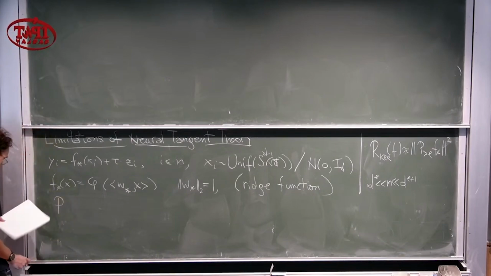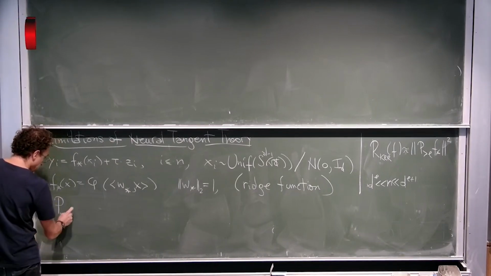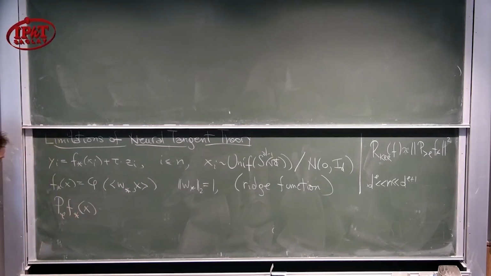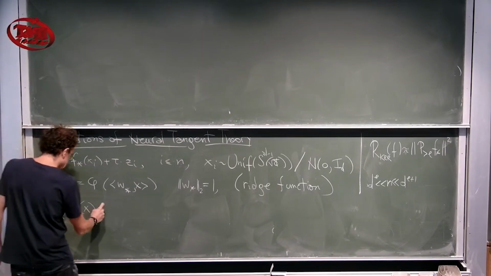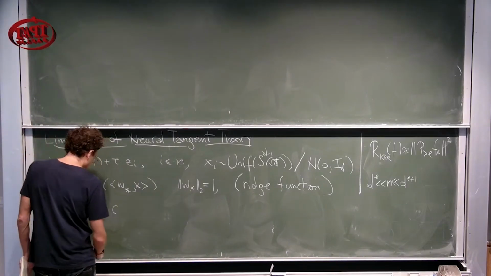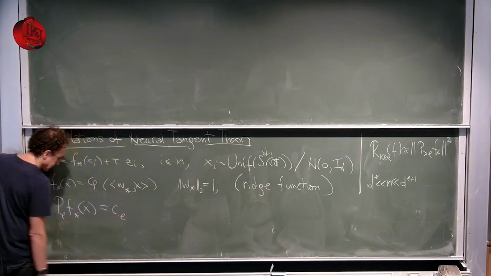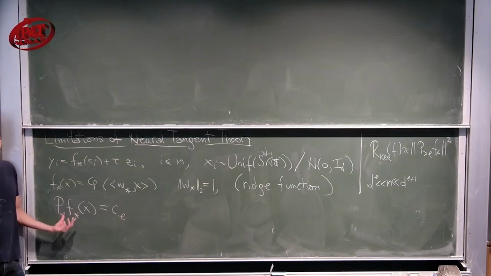So what is the projection onto degree l polynomials? It turns out that this is a coefficient. Let me explain how to do the calculation. This must be a combination of spherical harmonics of degree l.